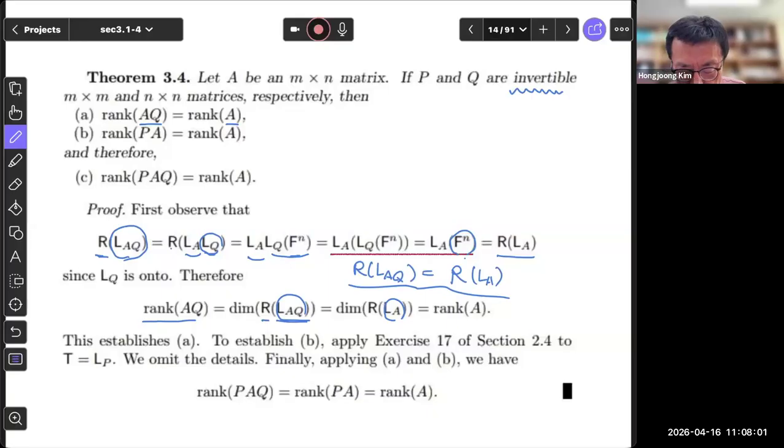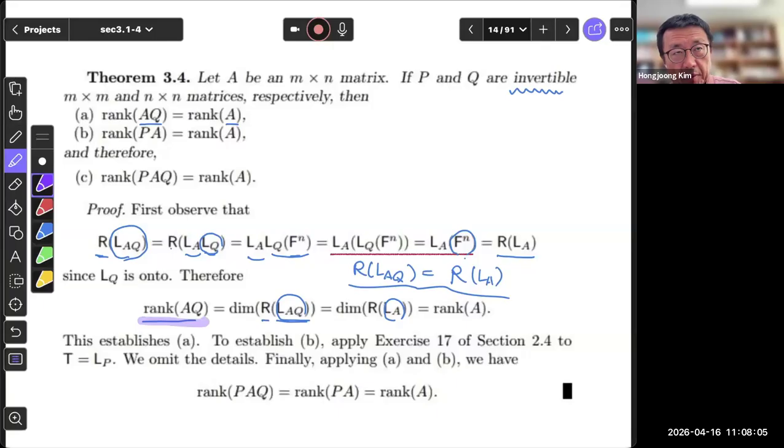So the rank of the product A times Q will be the same as the rank of A.